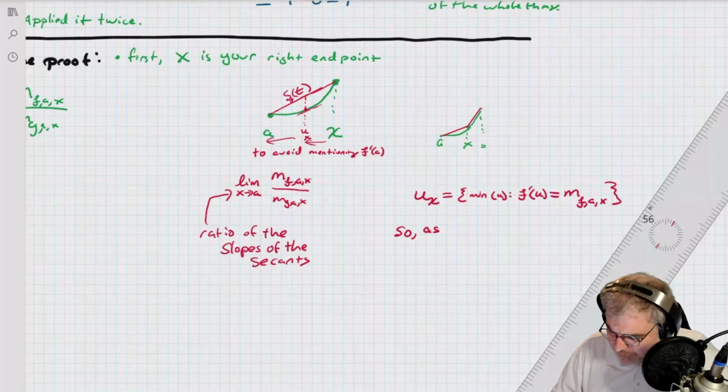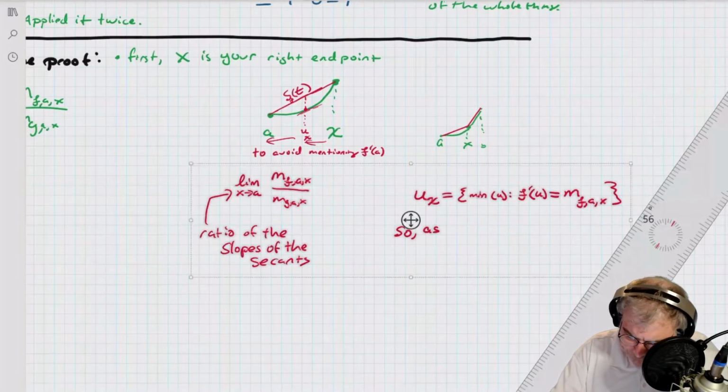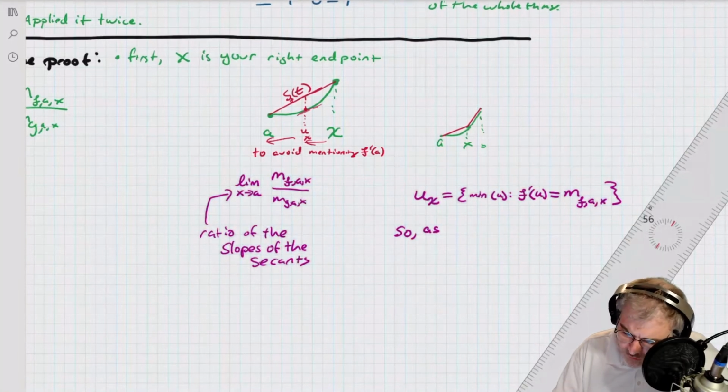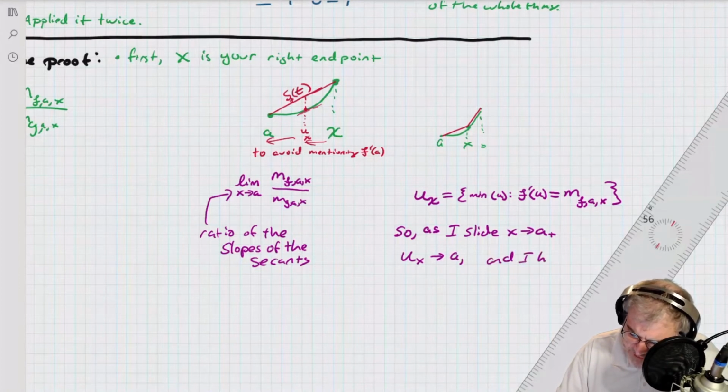I should not be using red for all this because this isn't a red thing. So as I slide x to a from the right, ux goes to a, and I have the limit as x goes to a of f prime. Remember, f prime of u equals ma, this thing.